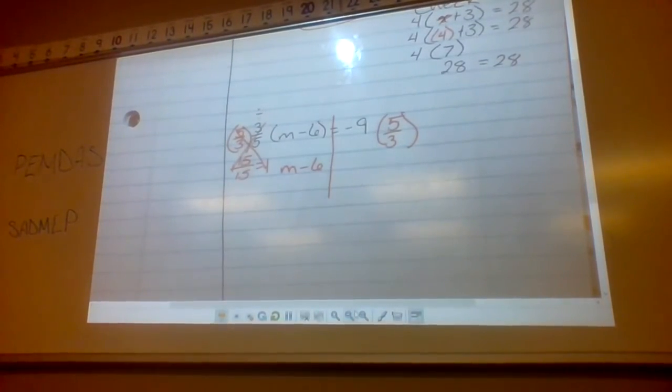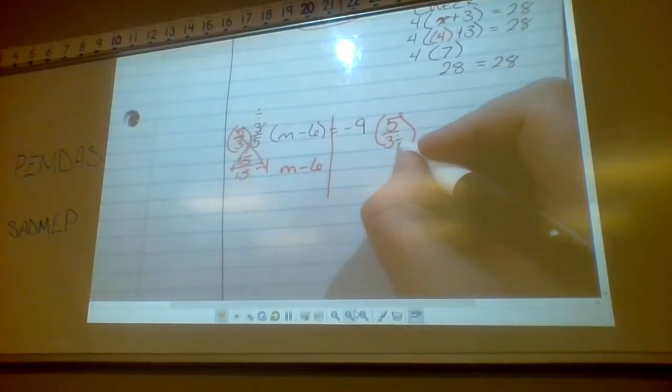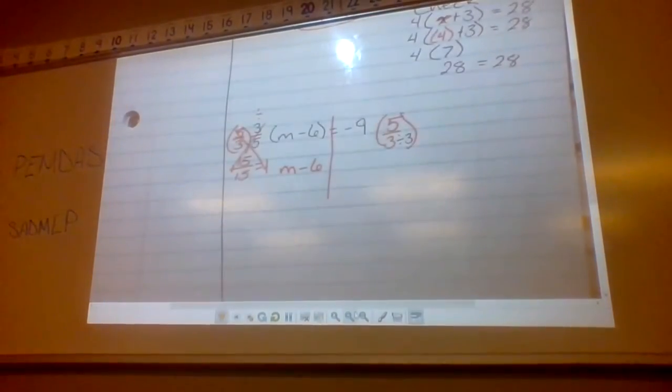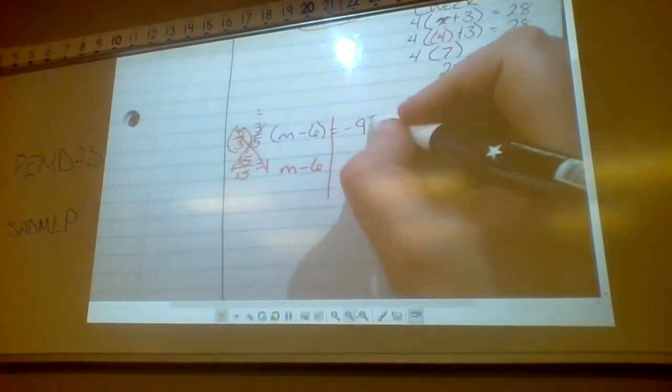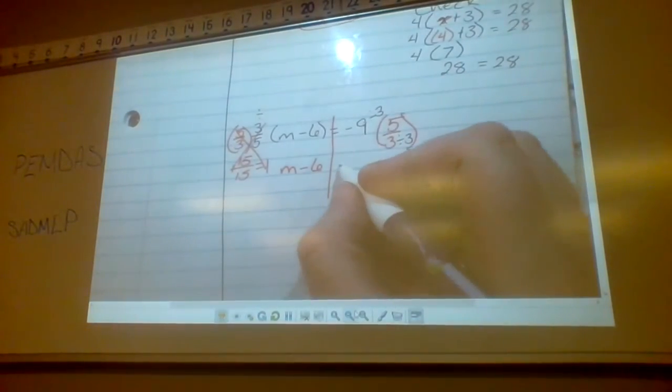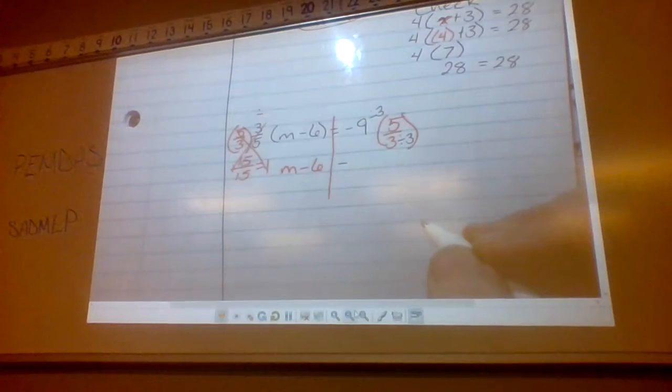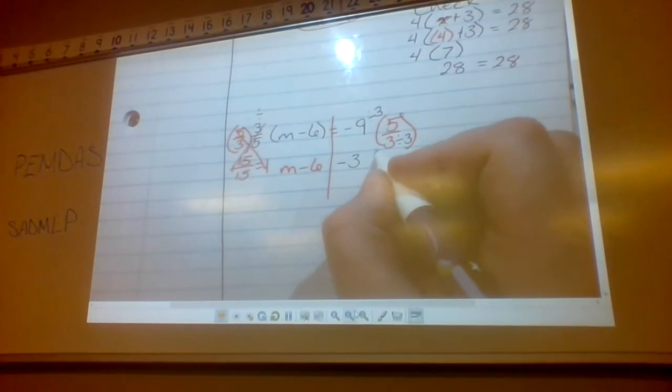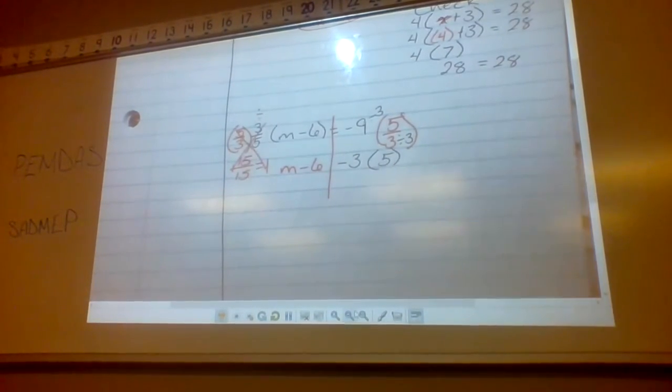Do you see anything that can simplify? I see right here, a 3 can go into a 3. A 3 can also go into 9. So that is now negative. What's 9 divided by 3? 3, times a 5, because what's 3 divided by 3? Do you even need that then? Nope.